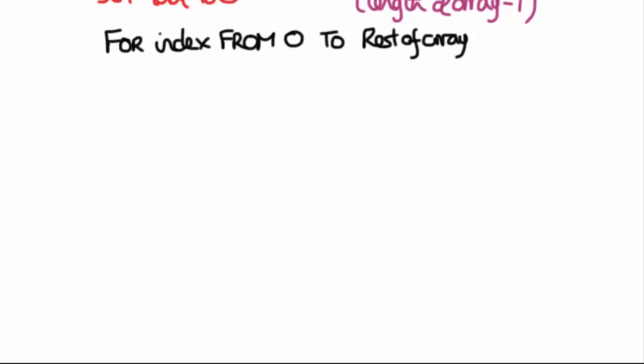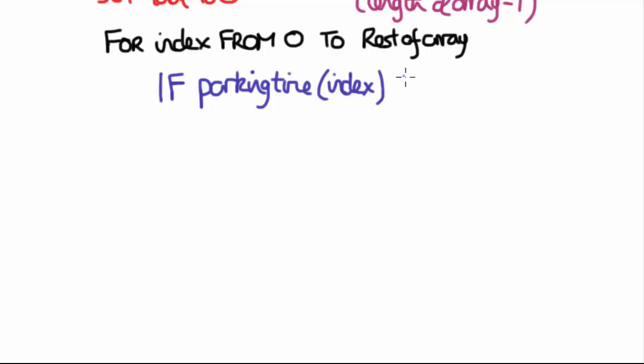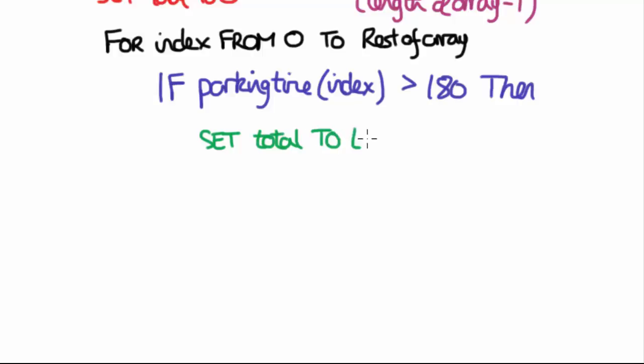So what we then do is we just say, right, well, if, and we'll just call it parking time, if parking time at index is greater than 180, then set total to total plus 1.